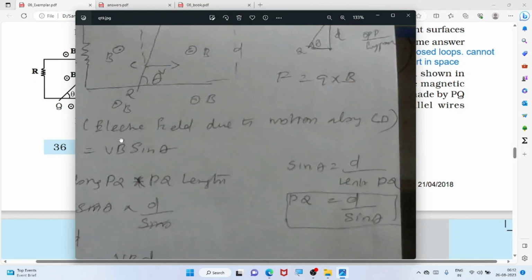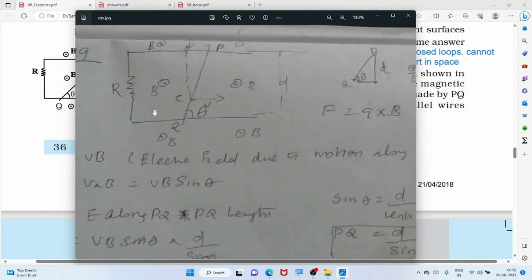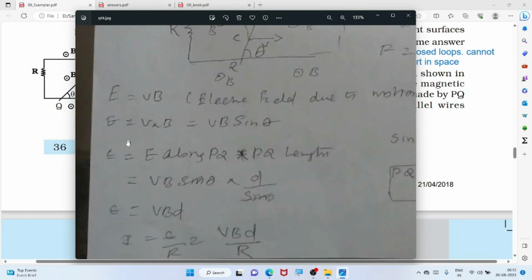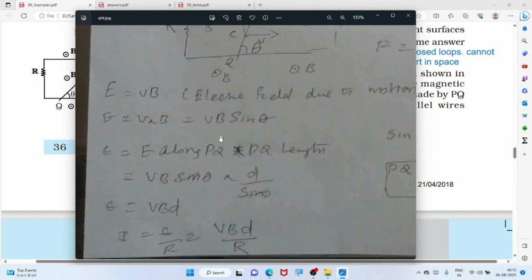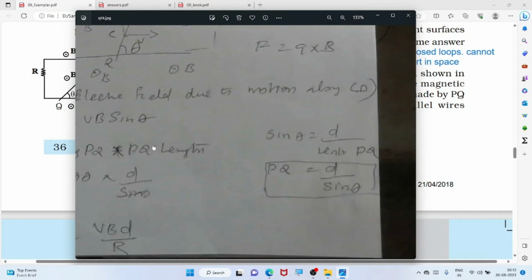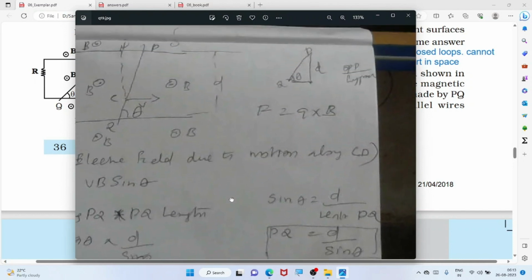The electric field is uniform due to the motion along CD. This is equal to vB sin theta, that is the cross product: velocity, magnetic field, and theta is the angle between v and B as it moves this side. Using Pythagoras theorem, sin theta equals d divided by the hypotenuse, which is nothing but the length of PQ, and this is d.